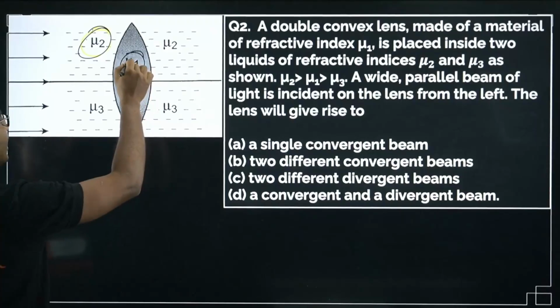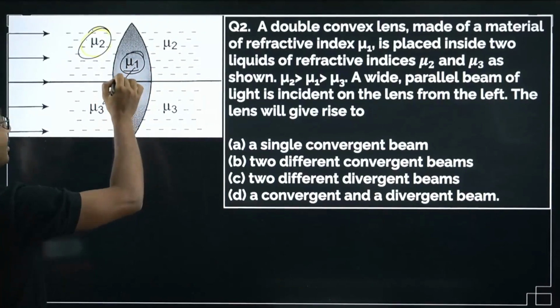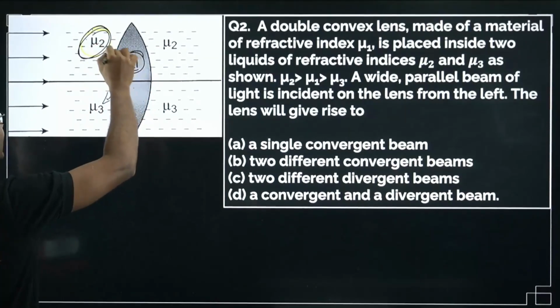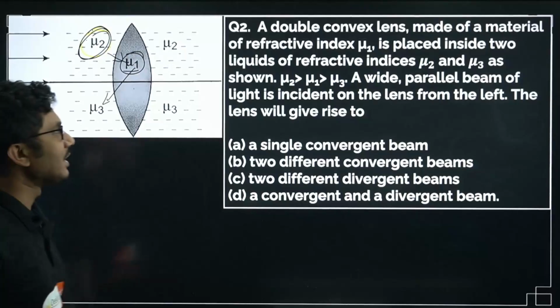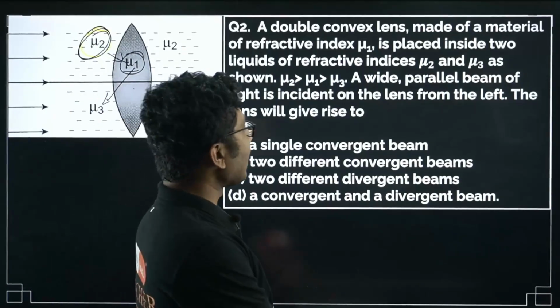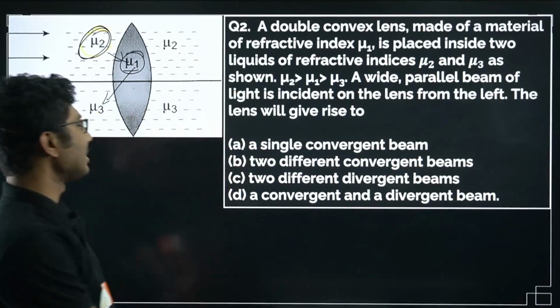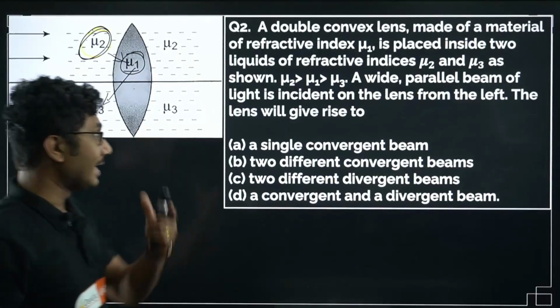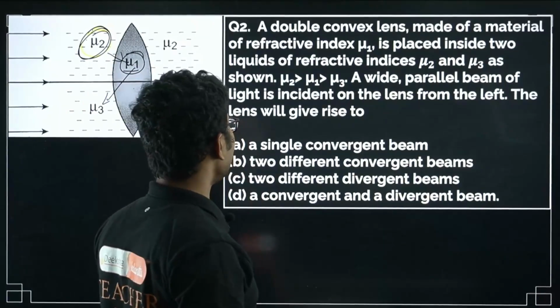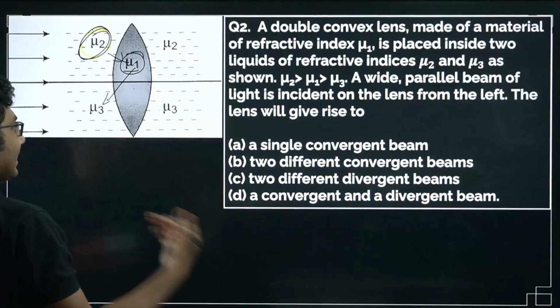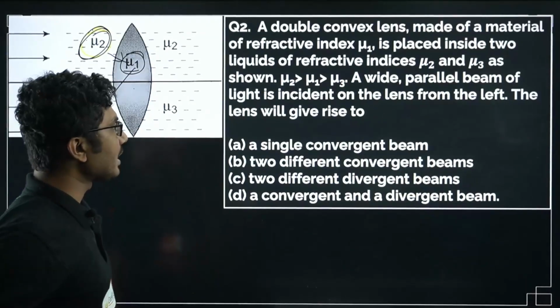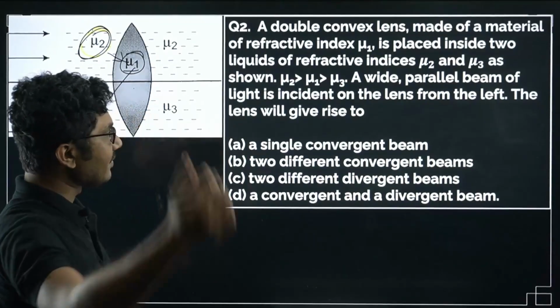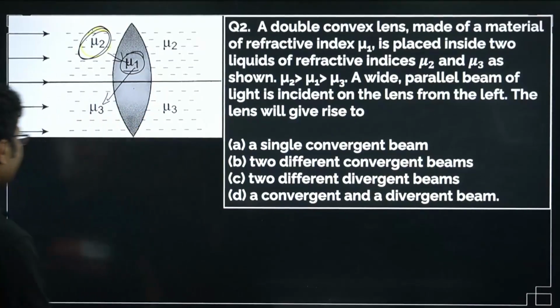So this is the relationship. A wide parallel beam of rays falls on the lens. The lens will give rise to a single convergent beam, two different convergent beams, two different divergent beams, or a convergent and a divergent beam.